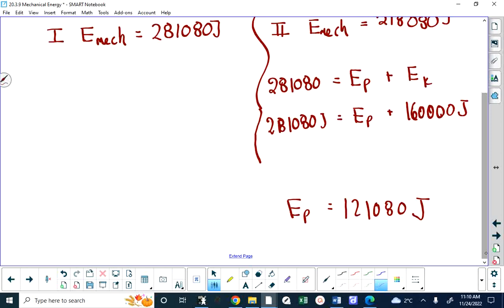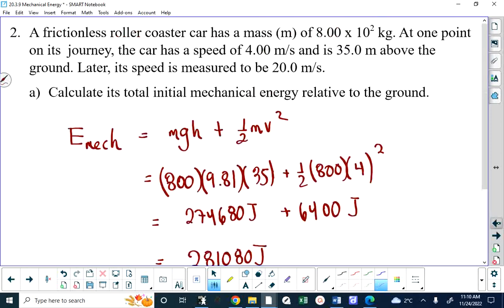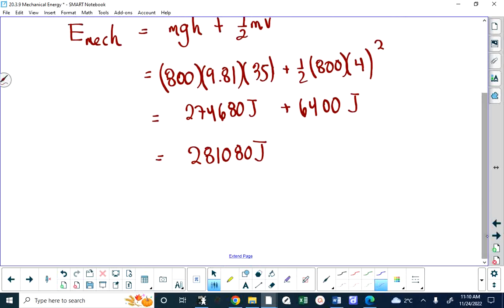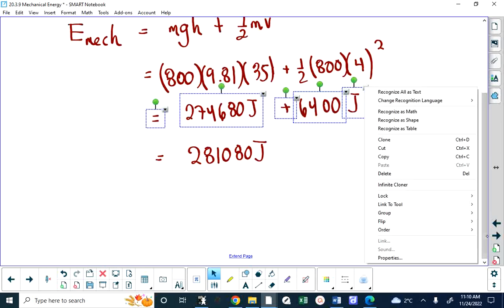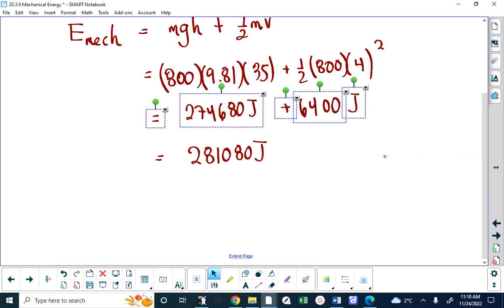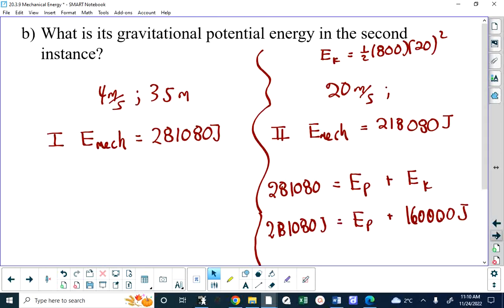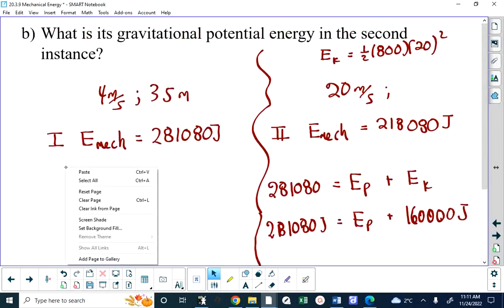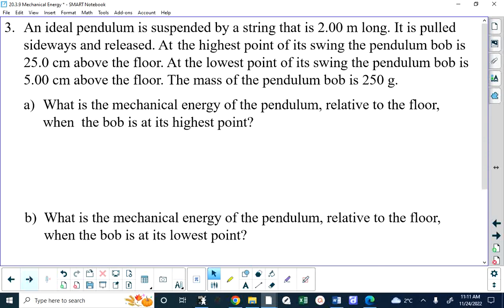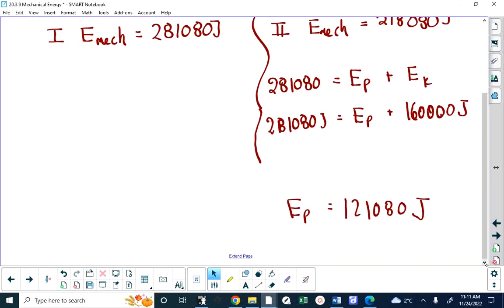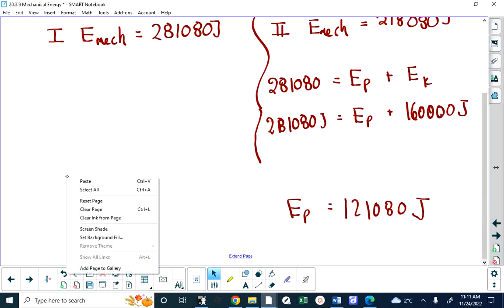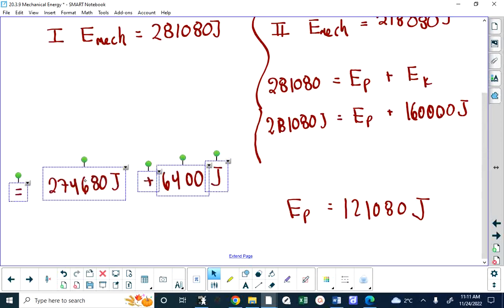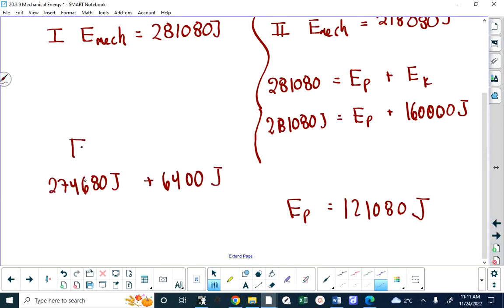But again, I want to point something out to you. At the top, at point 1, this is the distribution of potential and kinetic energies.